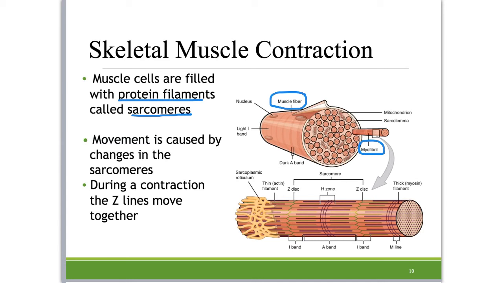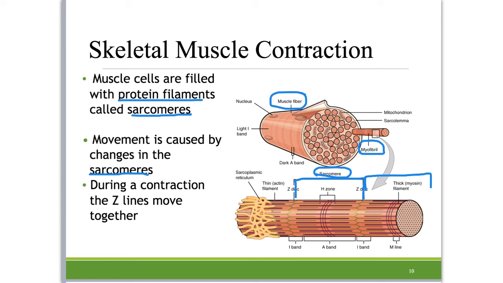There's a whole bunch again. And looking at that, this section right here is an example of one sarcomere, and the myofibrils are made up of one sarcomere, and then there'd be another sarcomere next to it and another one next to that. So the movement of the muscle as a whole is caused by small changes in individual sarcomeres.